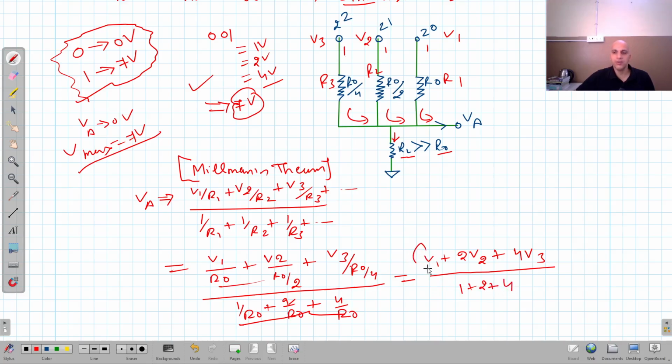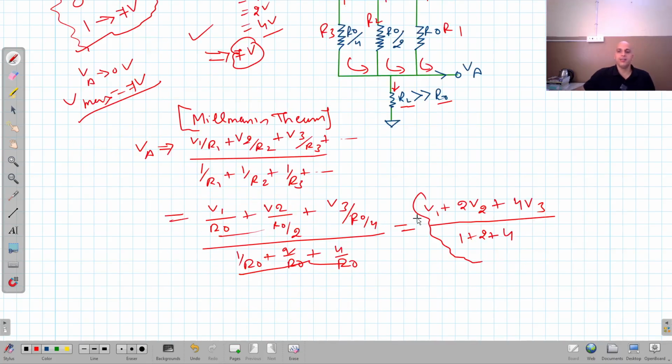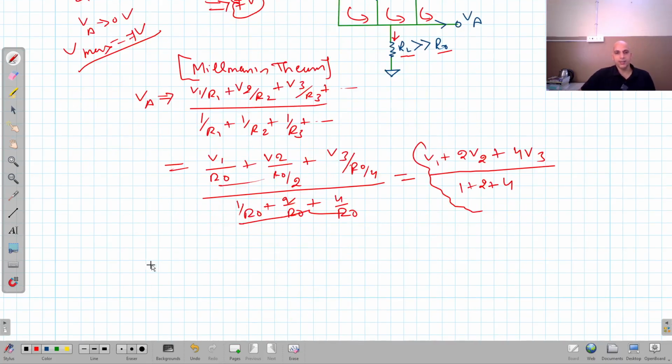This is the case of 3 bits, right? So I can write it as 2 raised to power 0 into B1 plus 2 raised to power 1 into B2 plus 2 raised to power 2 into B3.